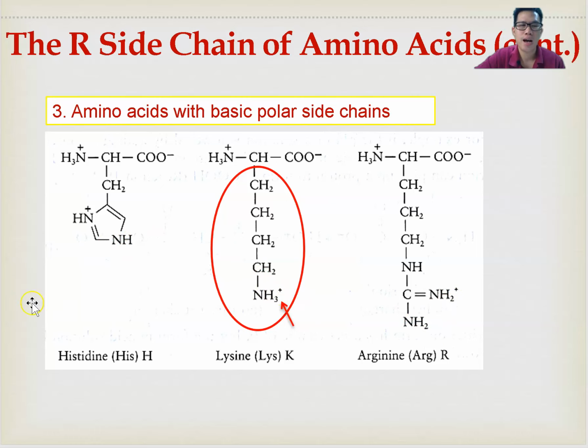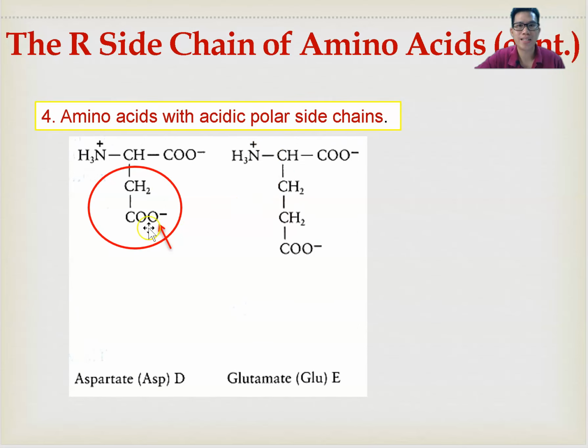All these are representative of the basic polar side chain. Then we got the acidic side chain, the COO minus. So these are the four groups of amino acids that can be categorized out of the 20 amino acids. And again, just to illustrate, these side chains are the ones that dictate its functionality.